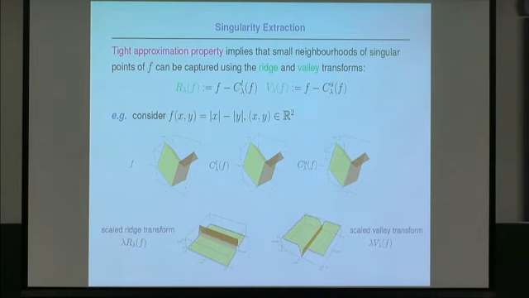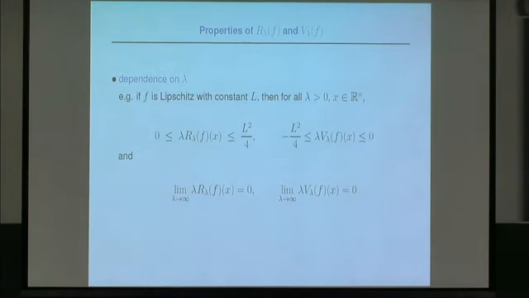So then we have various properties that it's worth mentioning briefly. First of all, why did I scale by lambda? In the case where f is Lipschitz, which the example that I just showed was, you can show that lambda times the ridge is always bounded by a constant depending on the Lipschitz constant.